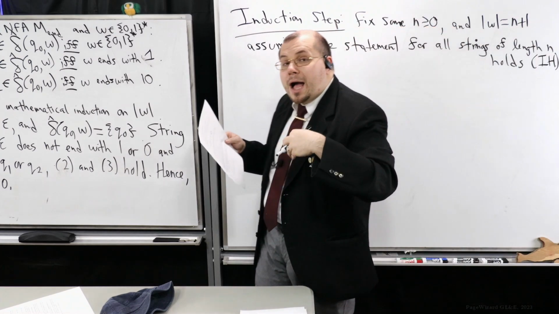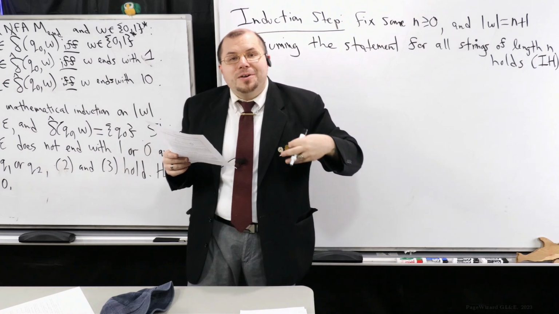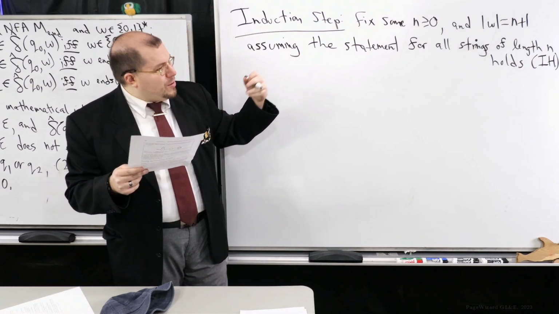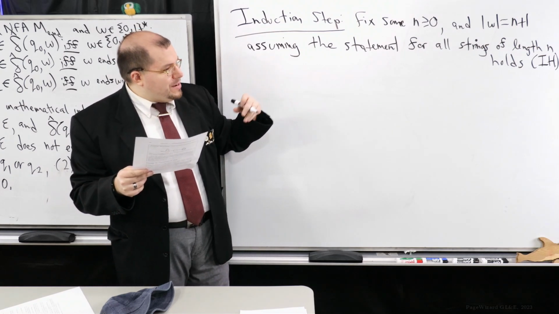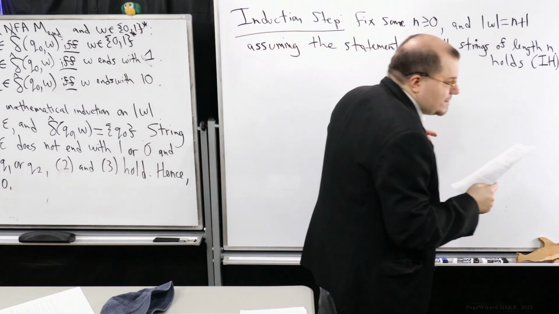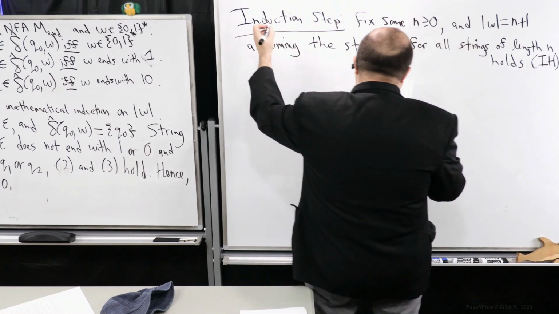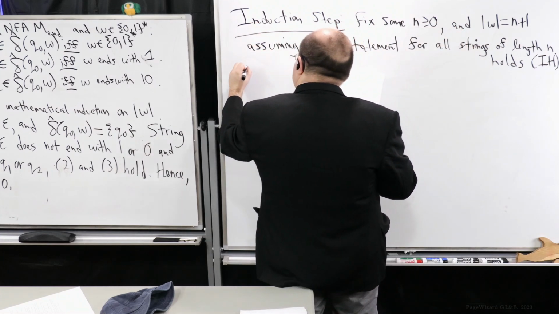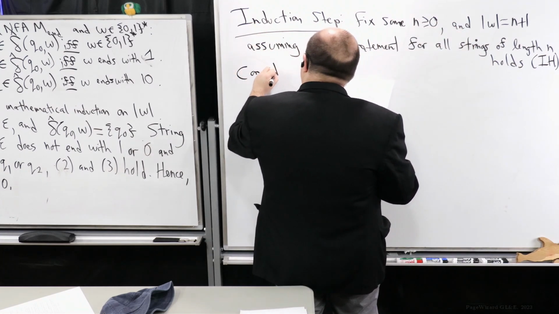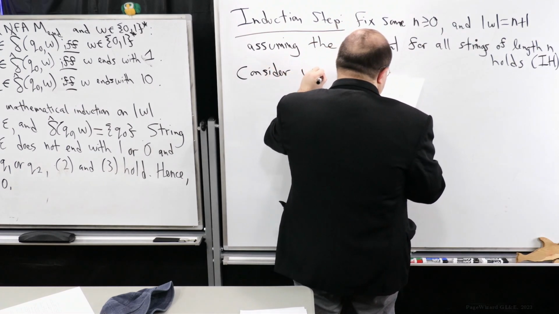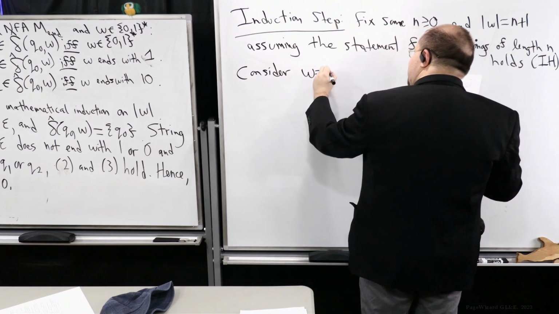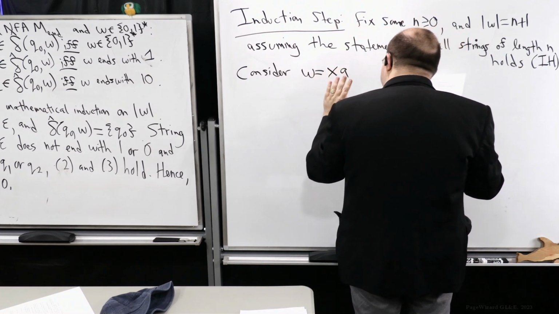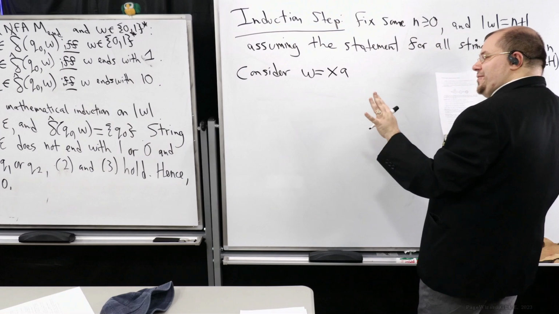So we're going to show how to prove the claim for all strings of length n plus 1 that follows from the induction hypothesis. So let's check this out. So consider w, and remember this is an arbitrary string, w equal to xa. So we're going to use a very similar setup to that we did with the DFAs.